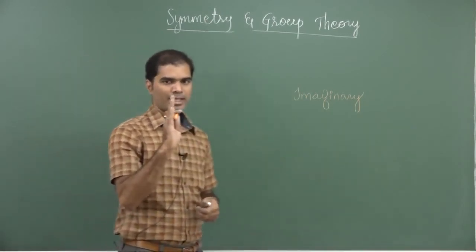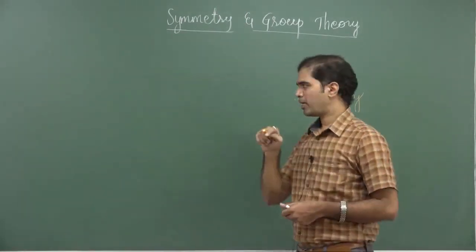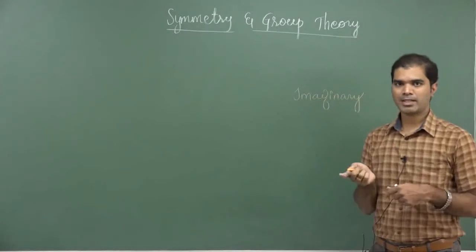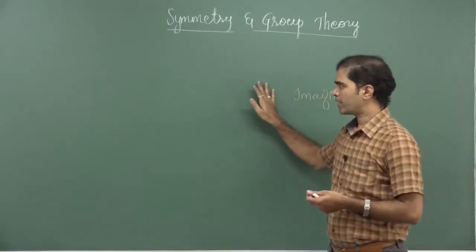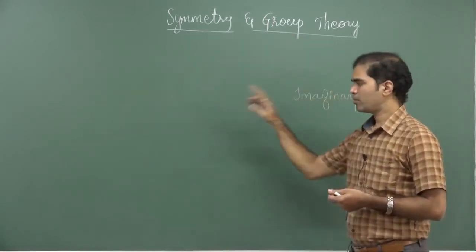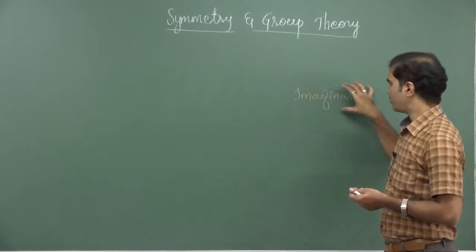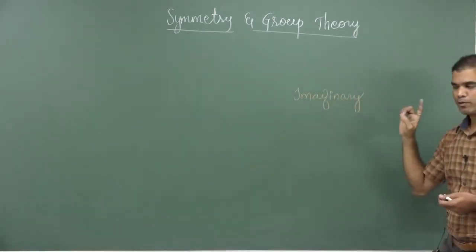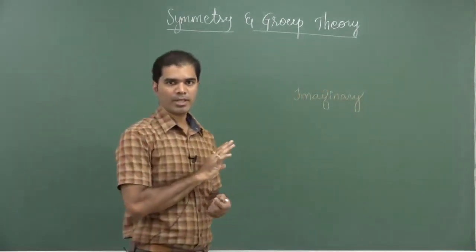That does not directly bisect the molecule, but it is our imagination that we are imagining a plane, and that particular plane is bisecting a given entity into symmetrical halves. I say the board is symmetric. Then you have to imagine a plane which is bisecting the board into symmetrical halves that are mirror images of each other. So imagination is highly important for understanding symmetry. Without imagination, symmetry cannot be understood.